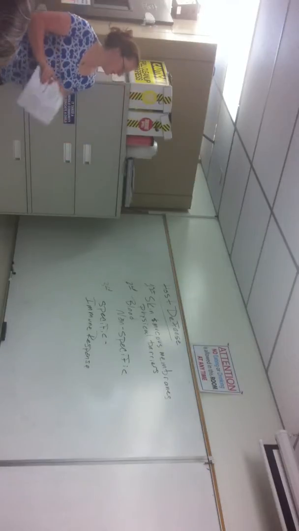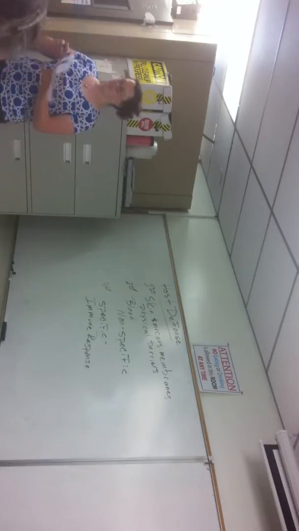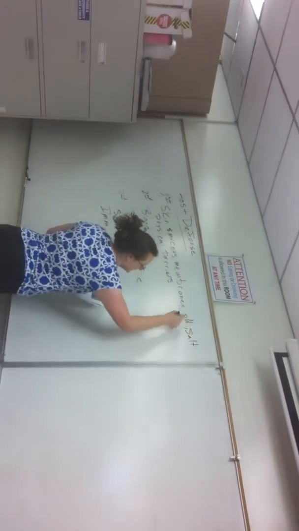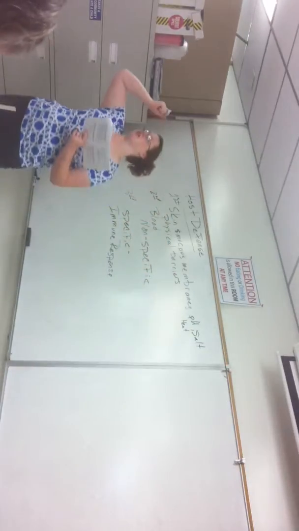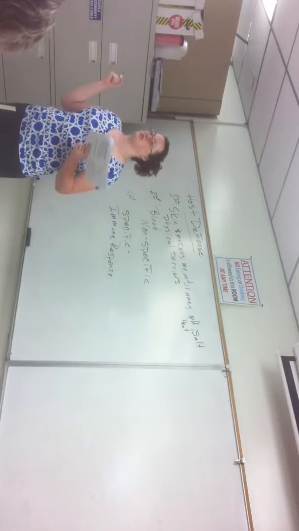So, skin. What are some of the chemical factors that help make your skin a barrier? Salt, pH, heat. What's one of the other things? What do our sweat glands produce?